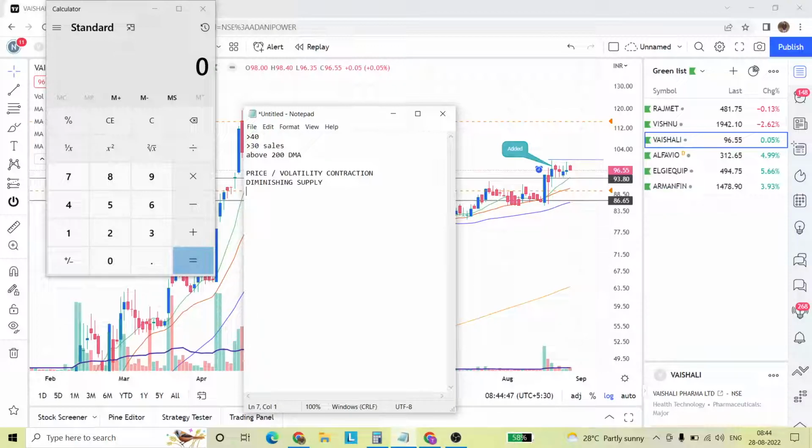This is what we are looking for, and it should be in an uptrend.